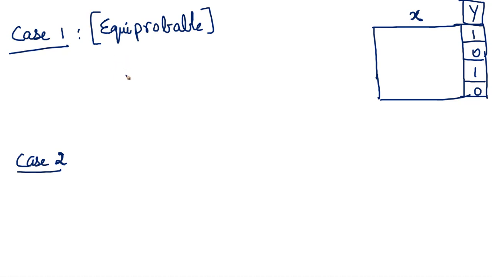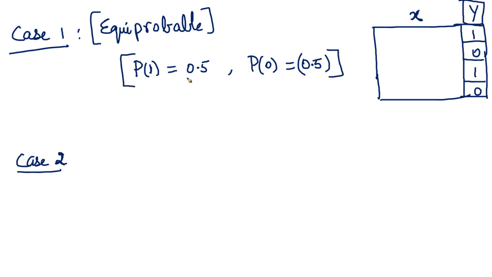Let's compute the Gini impurity for this. The probability of 1 here is equal to 0.5, and probability of 0 here is also equal to 0.5. Both of these probabilities are 0.5. Suppose your y is composed of three different categories, say category 1, 2 and 3. For it to be equiprobable, all of these would have the probabilities of 0.33.